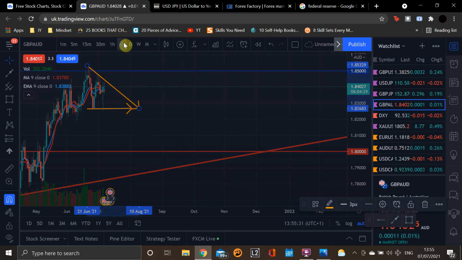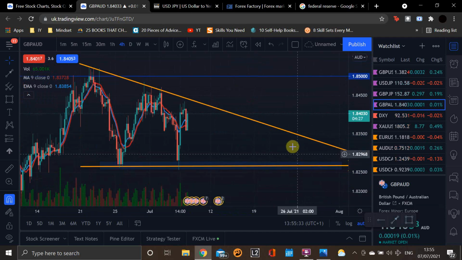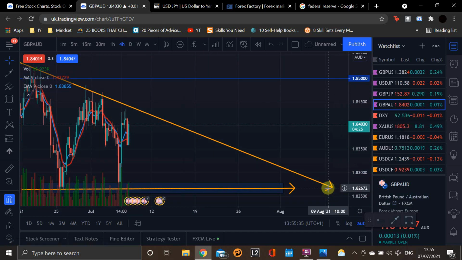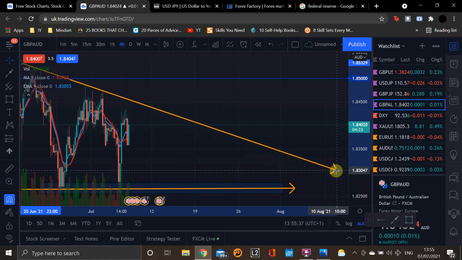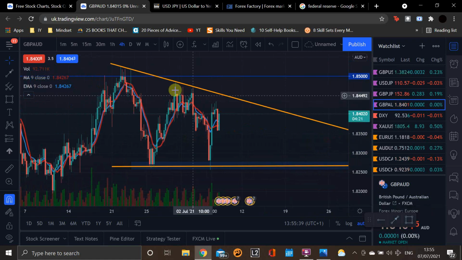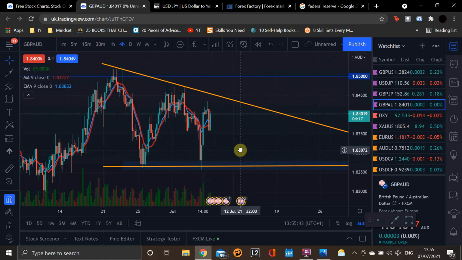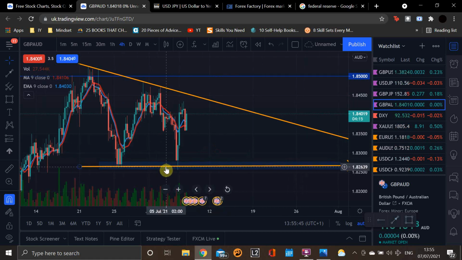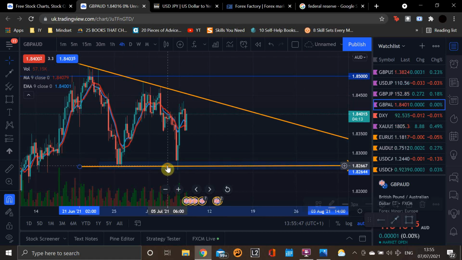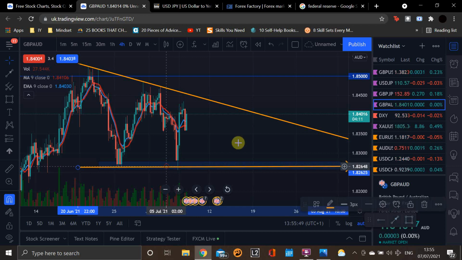Am I seeing patterns everywhere or am I bugging? So touch. Definitely, this is definitely a support zone.